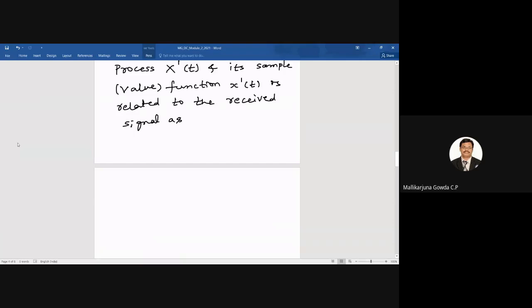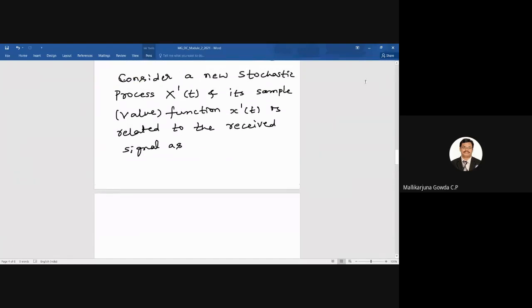Any idea? It is like what we considered as the intermediate signal while discussing the Gram-Schmidt orthogonalization procedure, where I said g2 of t. In the same way, I'm considering here the new stochastic process. Scroll up a little. From this point I started writing today.